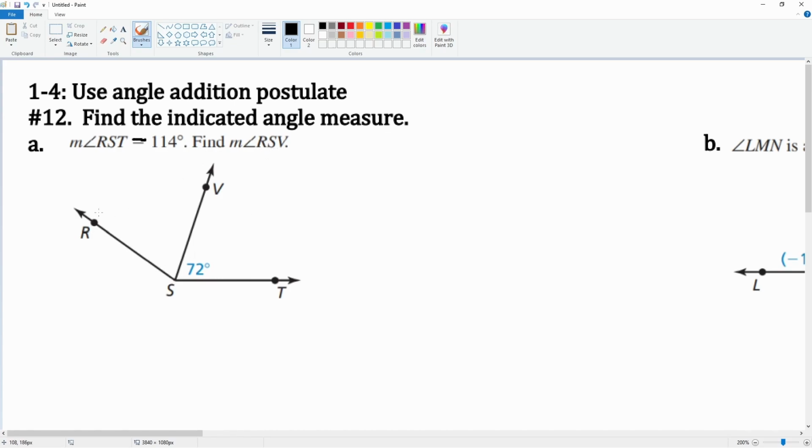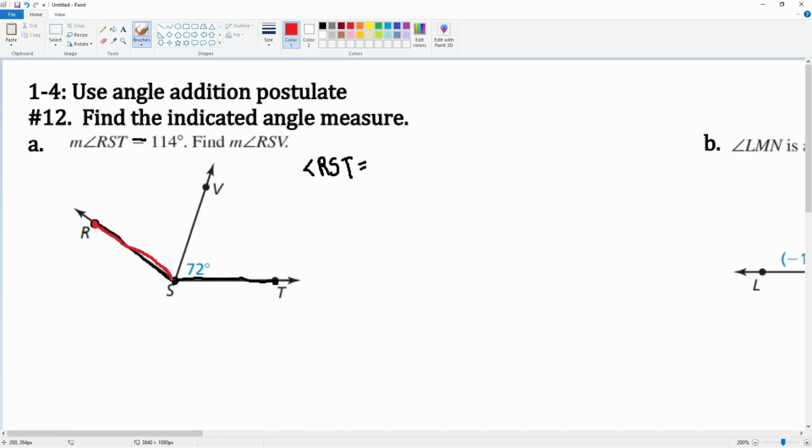So this entire angle R to S to T is 114. Let's write angle RST is equal to, what are those two angles making it up?